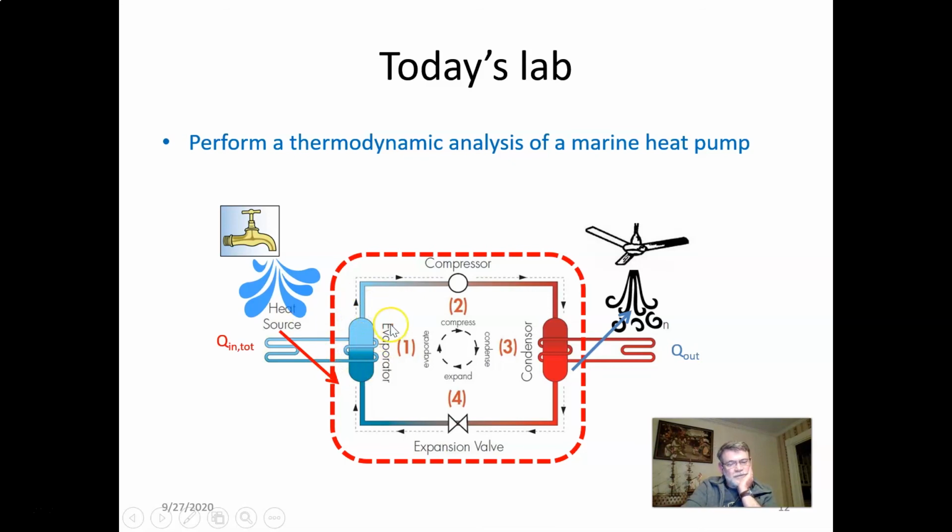That's for a refrigerator. That's the purpose of it.